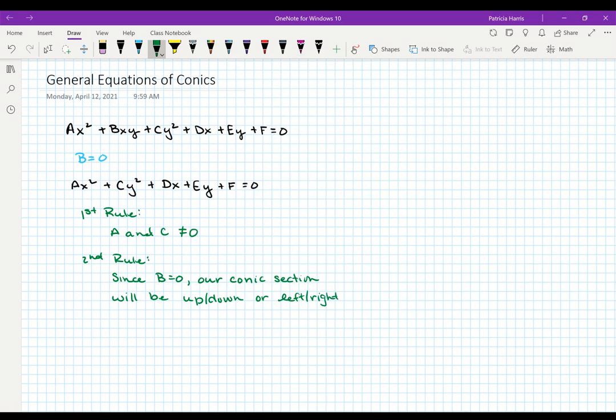Now, if b ever does not equal 0, that's when things get a little interesting. Okay.